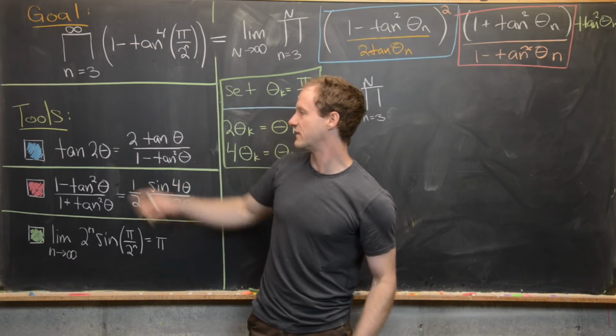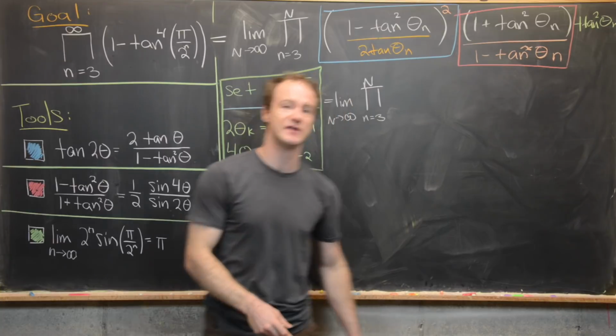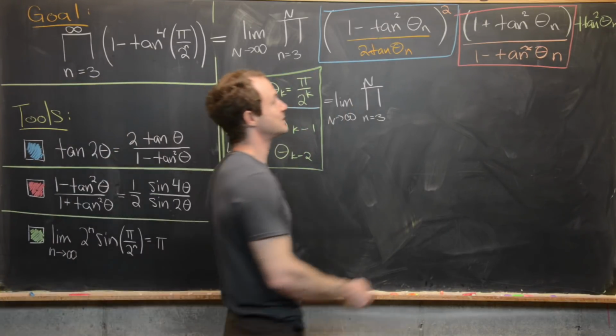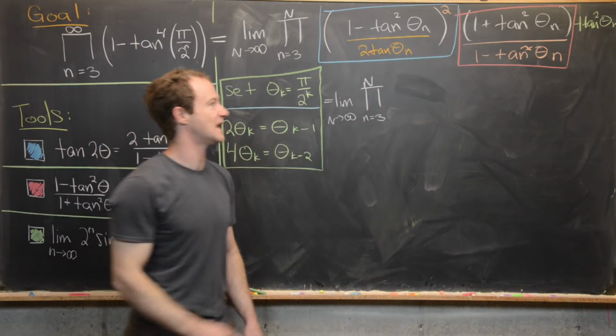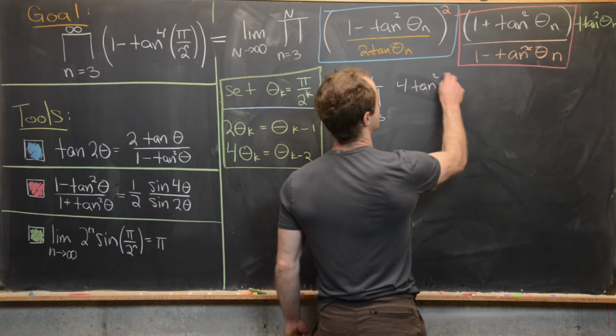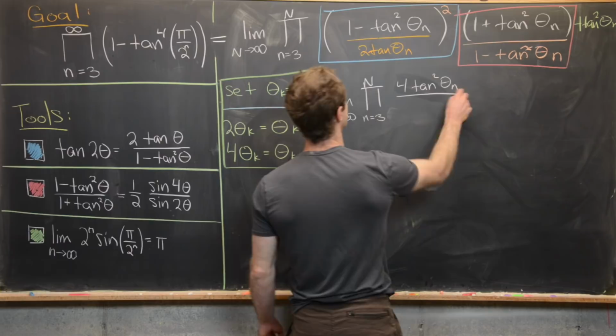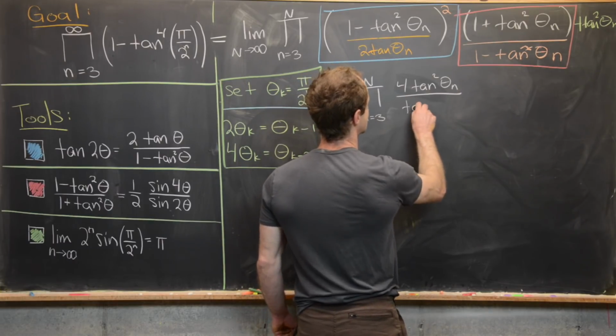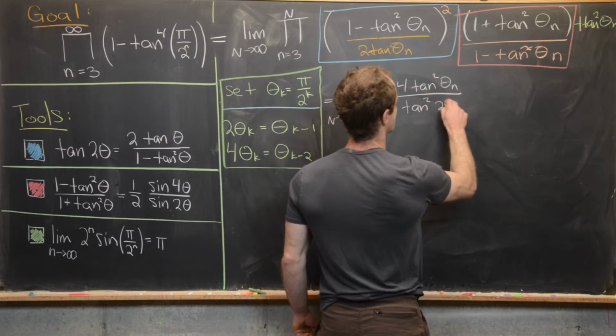So notice that's going to give us a tangent squared 2 theta n in the denominator. And I've got that 4 tangent squared theta n from over there, so I'm going to bring that here. So 4 tangent squared theta n, and then from this blue box, I have tangent squared 2 theta n.